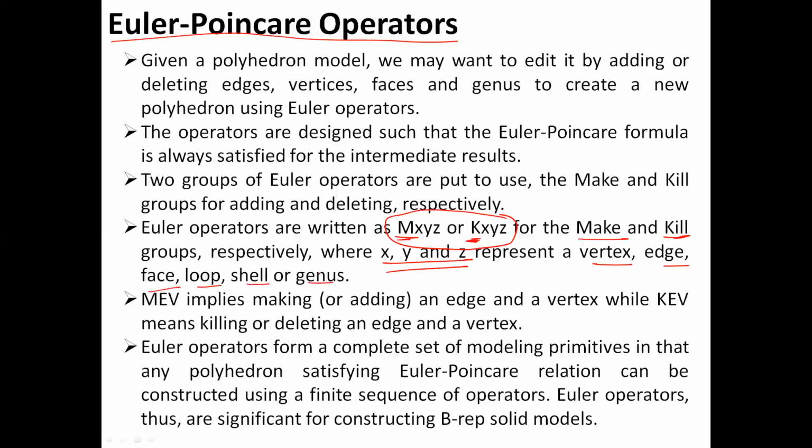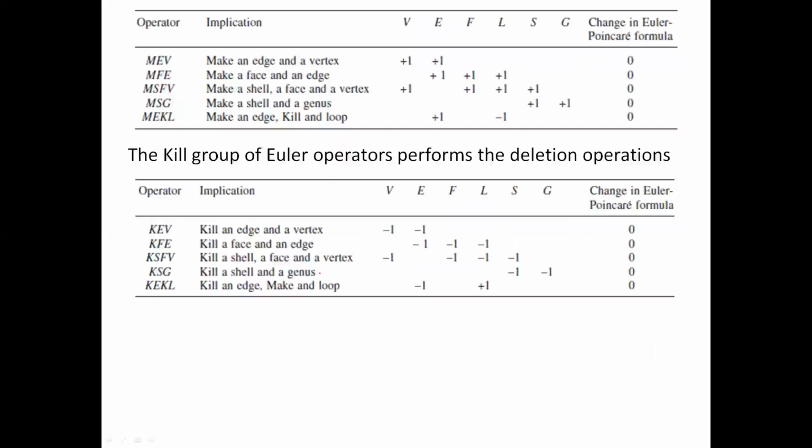How we actually do this with Euler-Poincare is very simple. Suppose I want to create this. The only criterion here is the Euler-Poincare condition. You remember the condition? V minus E plus F minus L minus 2 times S minus G equals 0.